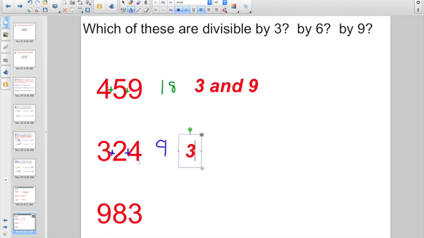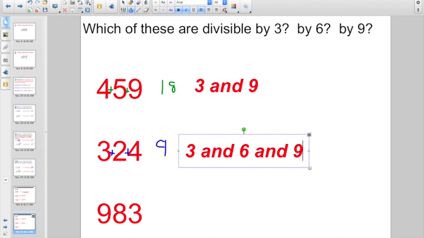Is it an even number? Yes, it is. So I'm going to add 6. And finally, is 9 divisible by 9? Yes, it is. It's a threefer. I have 3 and 6 and 9. That's how it's set up on the Socrative quiz.